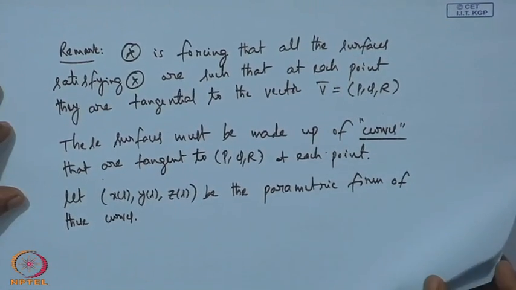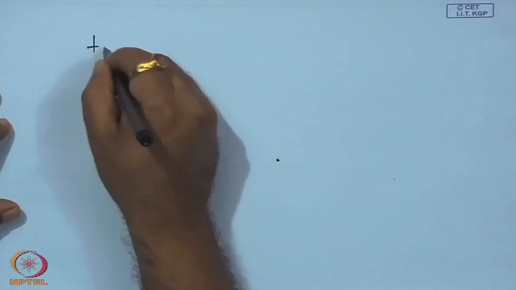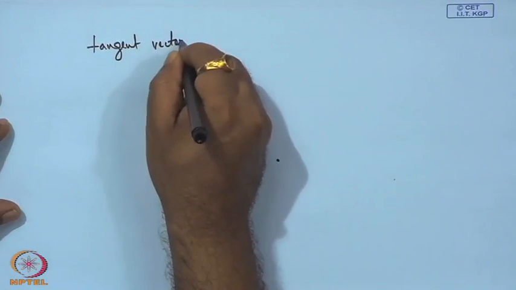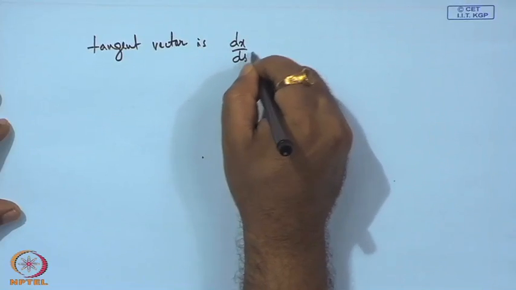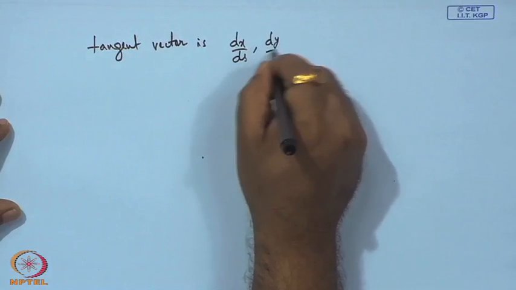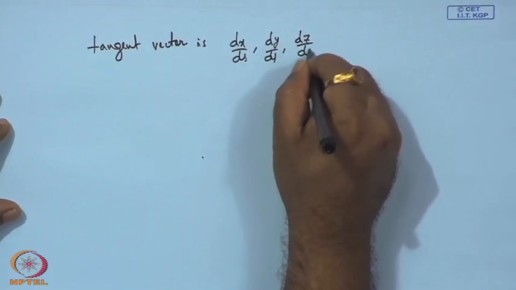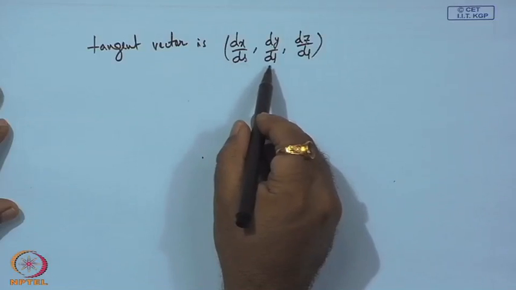Suppose this is the parametric form of these curves. So, then the tangent vector is given by, where S is the parameter arc length. Okay. So, this is the tangent vector.